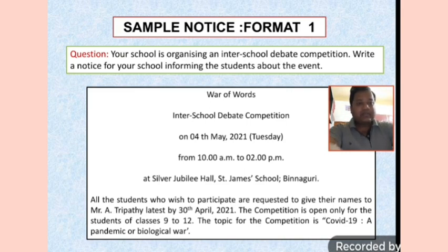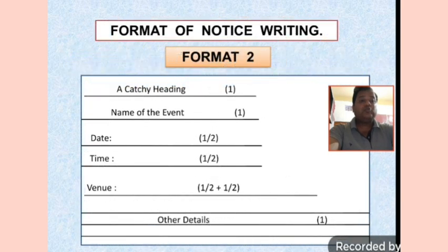Then we move to the second format, that is format 2 of notice writing. Now this is the box type format. In format 2, everything comes to the left hand side of the page. It doesn't start from the center, it comes to the left hand side.